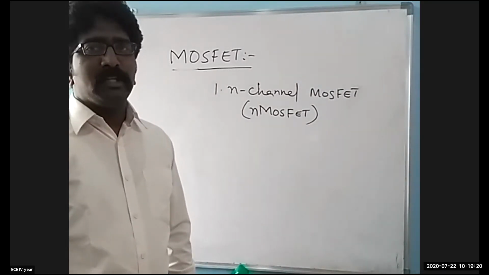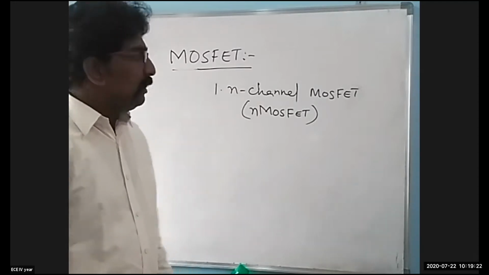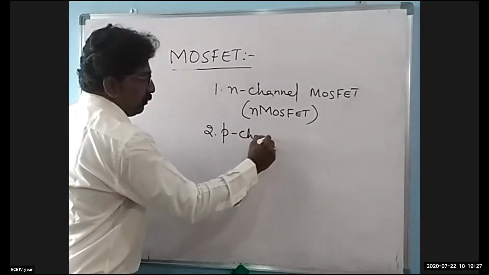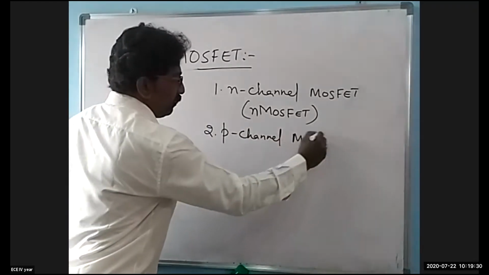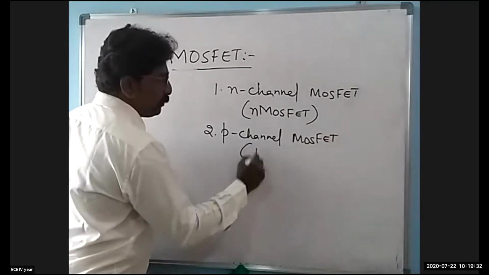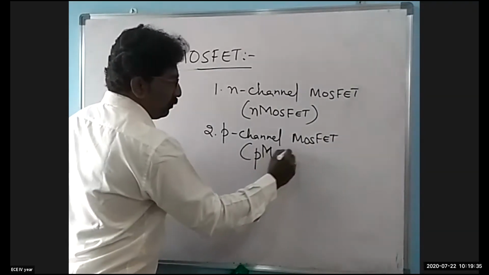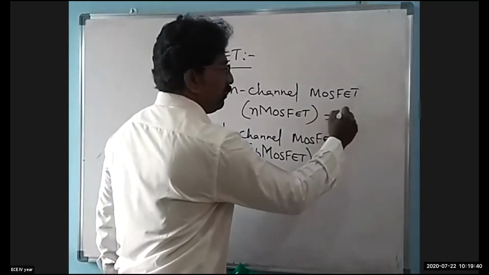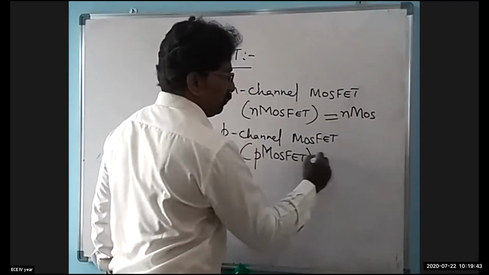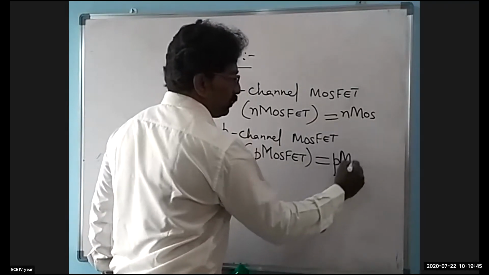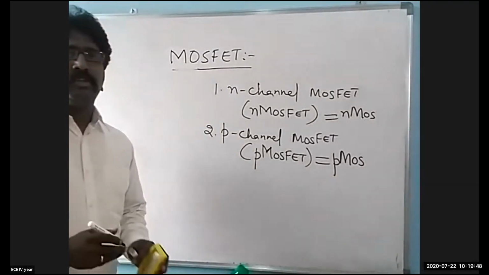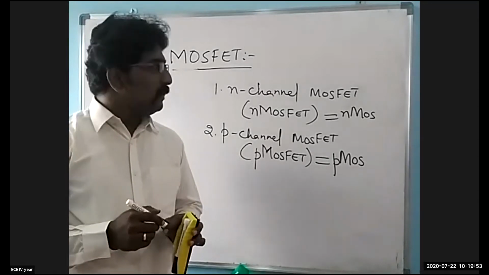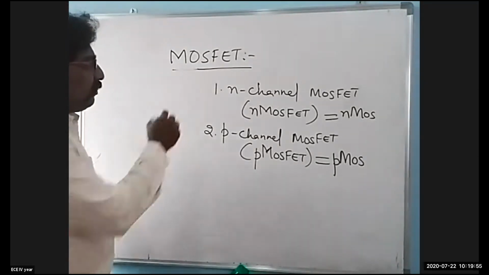The second type is called P-channel MOSFET, which is nothing else but pMOS. So these are the two different types, basically depending upon the charge types.